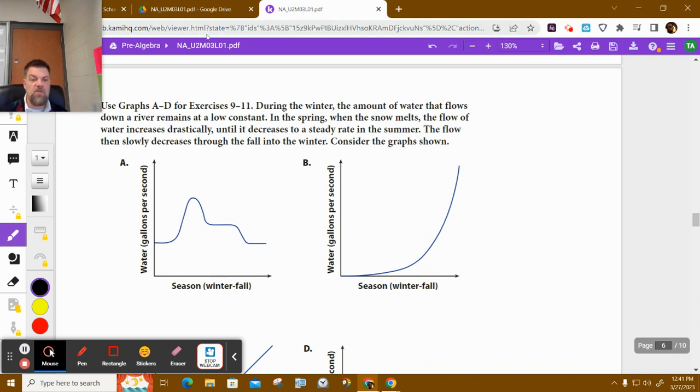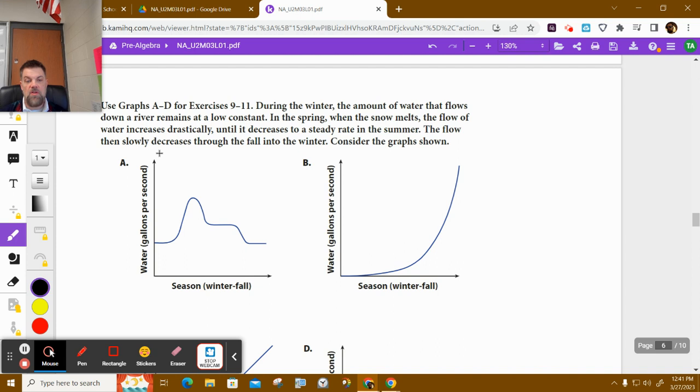It says graph A through D, exercises 9 through 11. During the winter, the amount of water that flows down a river remains at a low constant. In the spring, when the snow melts, the flow of the water increases drastically until it decreases to the steady rate in the summer.